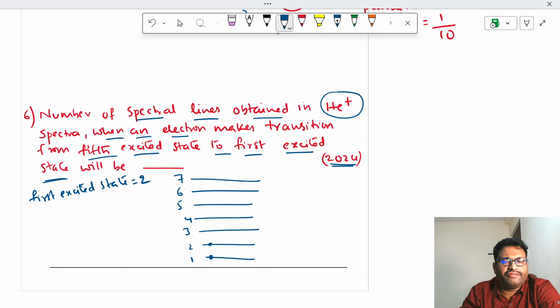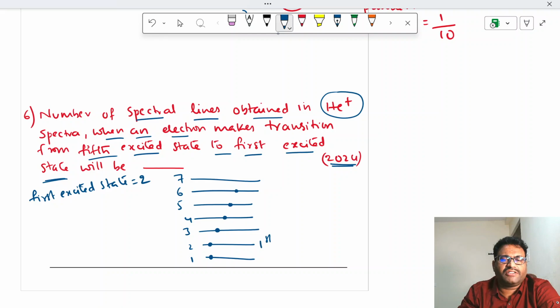Next, coming to the fifth excited state. The first orbit is the ground state, the second orbit is the first excited state, the third orbit is the second excited state, the fourth orbit is the third excited state, the fifth orbit is the fourth excited state, and the fifth excited state is the sixth orbit.